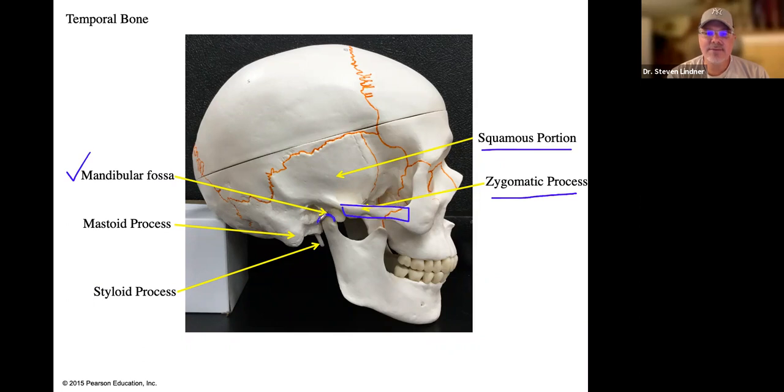The mandibular fossa is the female end, whereas the mandibular process is the male end, and there's a perfect articulation between the two that creates the temporomandibular joint. We have the mastoid process, the larger one. We can all feel that on the side of our skull, but the styloid process is deeper. It's harder to locate, to actually feel it.